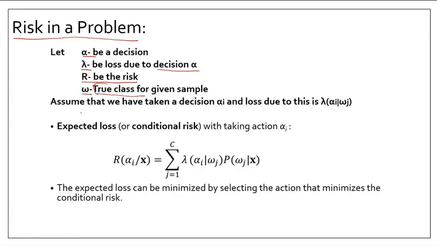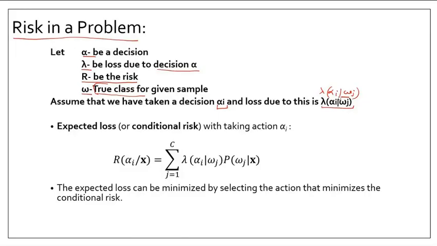Now assume that we have taken a decision alpha i, and the loss due to this is lambda of alpha i given omega j. So the true class for my input was omega j, but I have taken decision alpha i, so I incurred a loss of lambda alpha i given omega j.